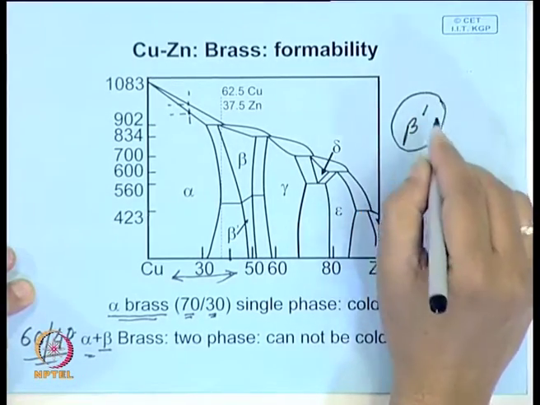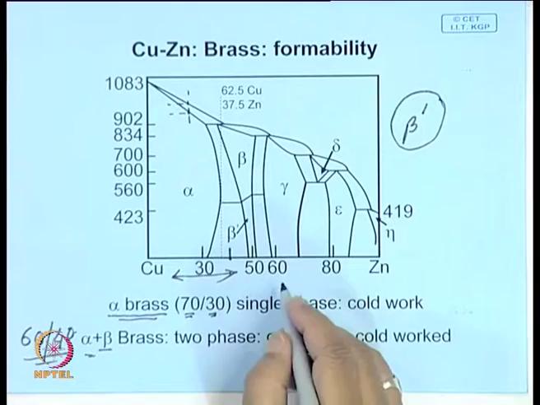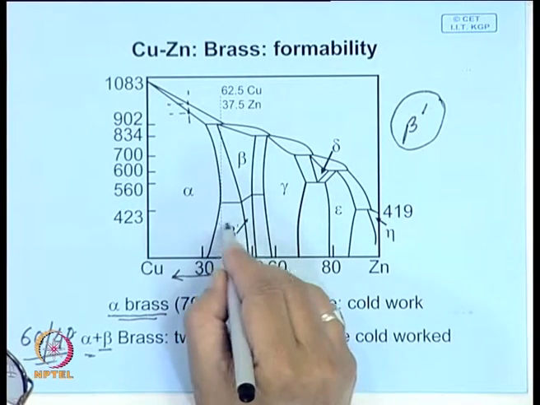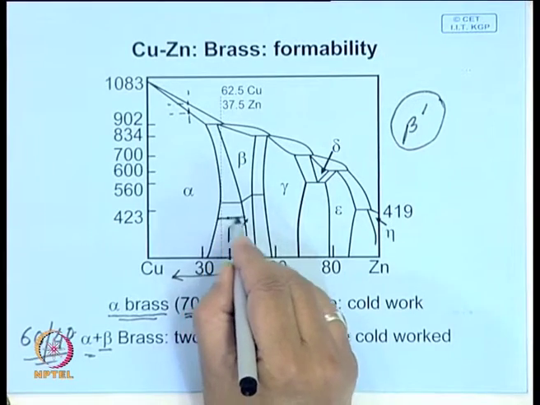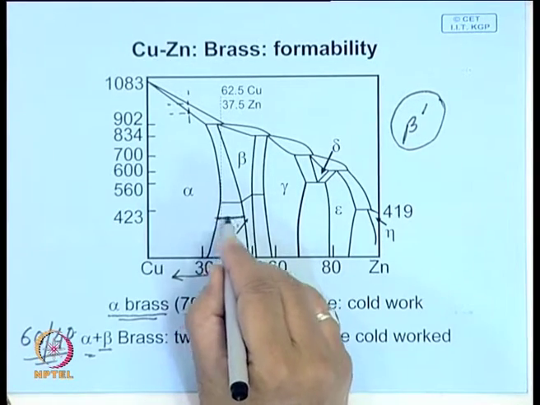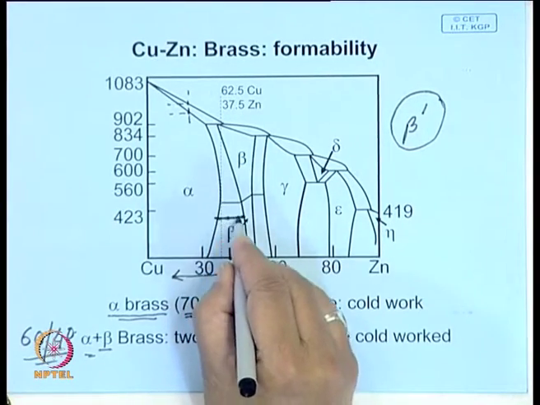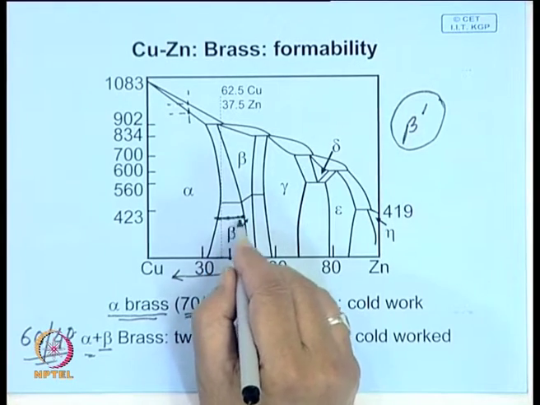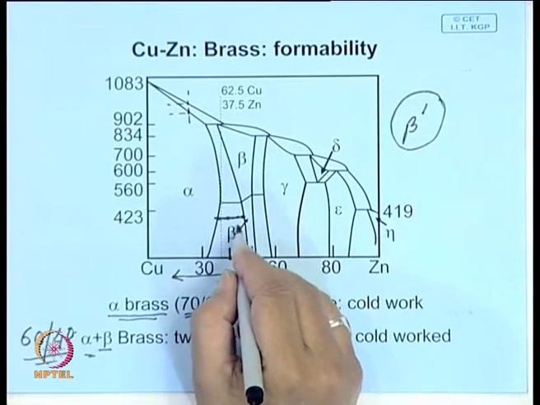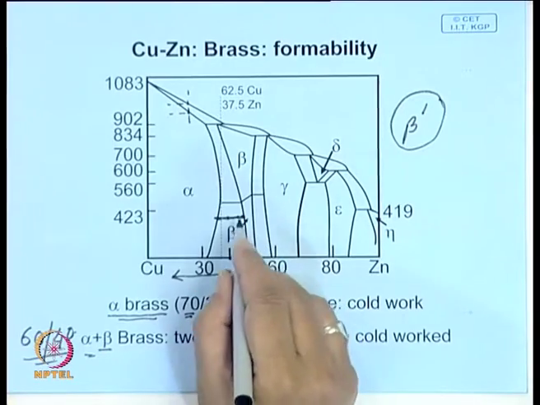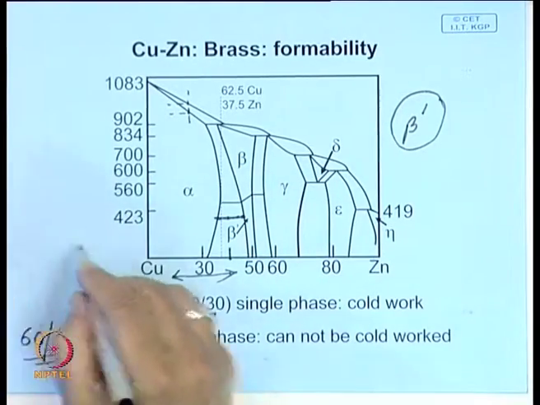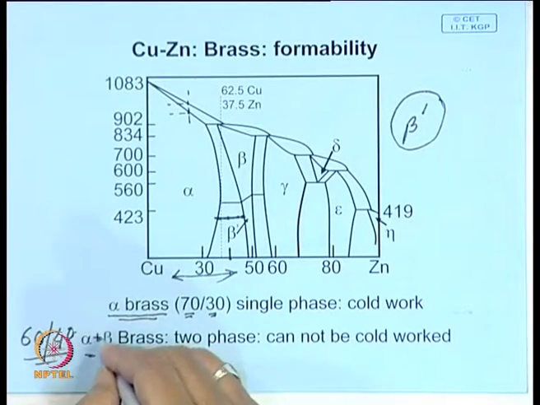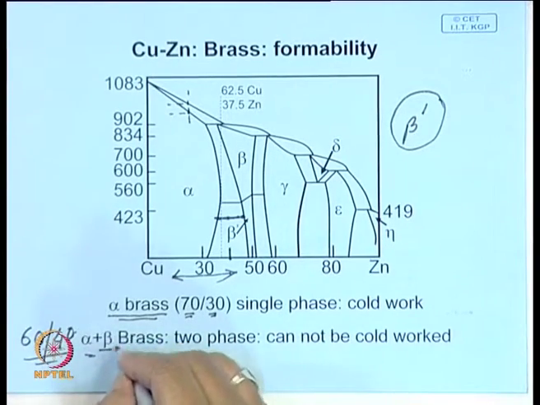These phases are very brittle, and a slight change in composition will make a substantial increase in beta, because this zone is not long. So here it will have a significant amount of alpha, and within alpha you will have a significant amount of beta.